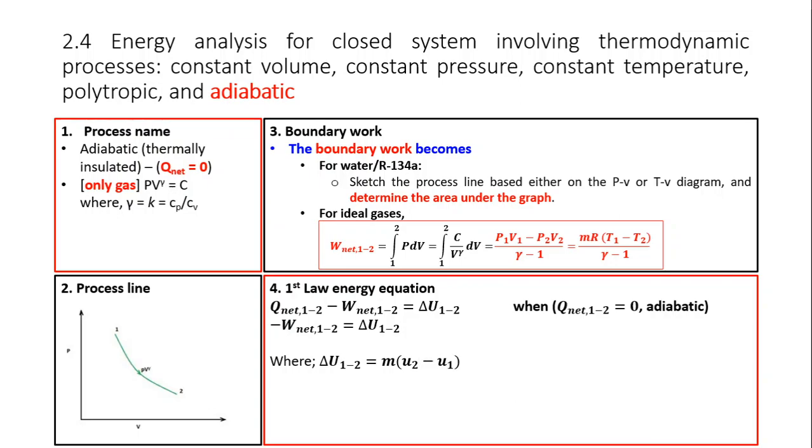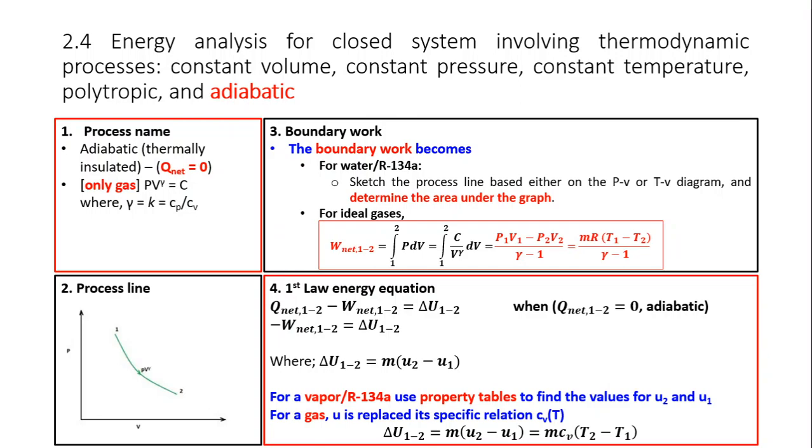Also, delta U here can be expanded into the following equation, and just like the processes before, by now we should know how to determine the properties for specific internal energy based on the substance.